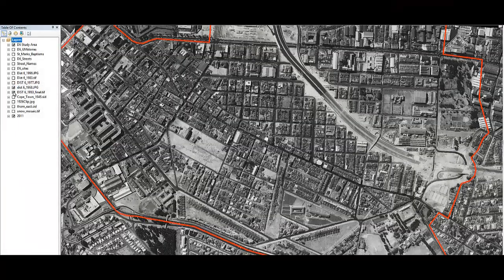The next aerial image is from 1968. In 1966, the government declared District 6 a whites-only area under the Group Areas Act, with the removal starting in 1968.